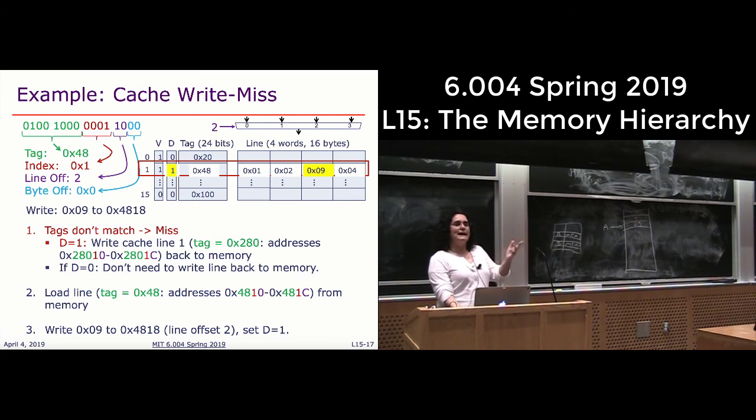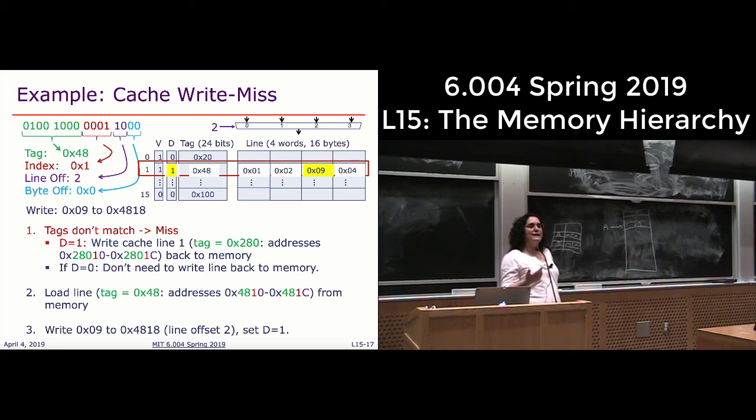And now once I've written it back to main memory, then that line becomes available for me to bring something else into. And so I bring my new line in with tag 48, and I load all the elements. Notice that I load the entire line, not just the particular word that I'm going to write to. Okay, this is very important because the tag corresponds to the entire line.